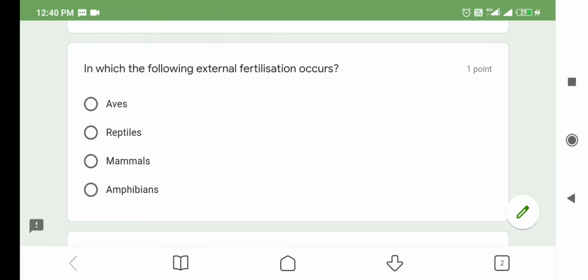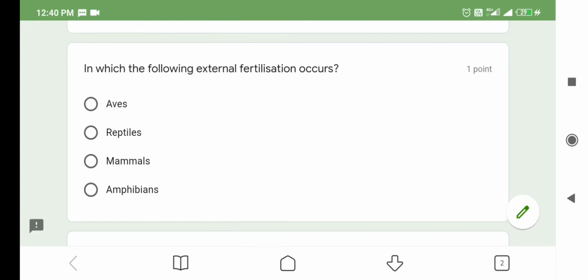Now, before going to find out the option, let us understand what is meant by external fertilization. In most aquatic organisms, such as the majority of algae and fishes, as well as amphibians, fertilization occurs in the external medium.